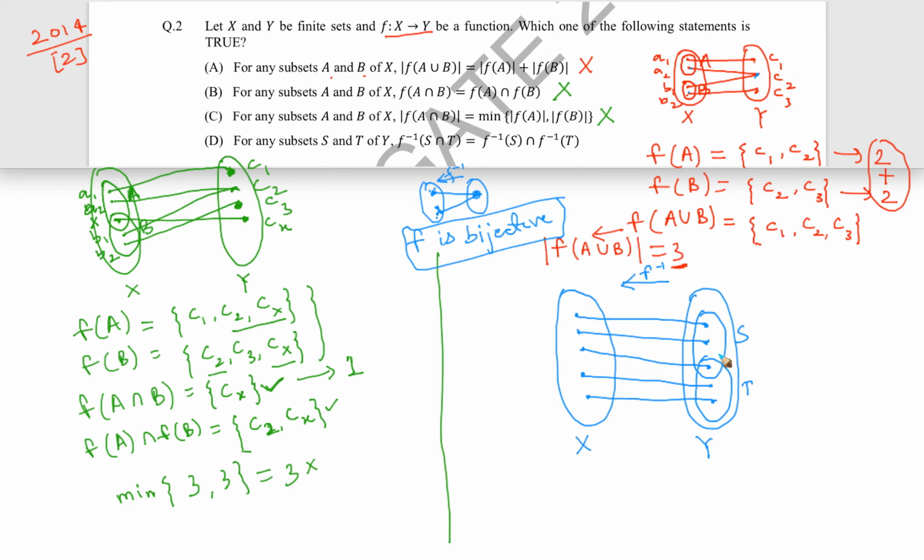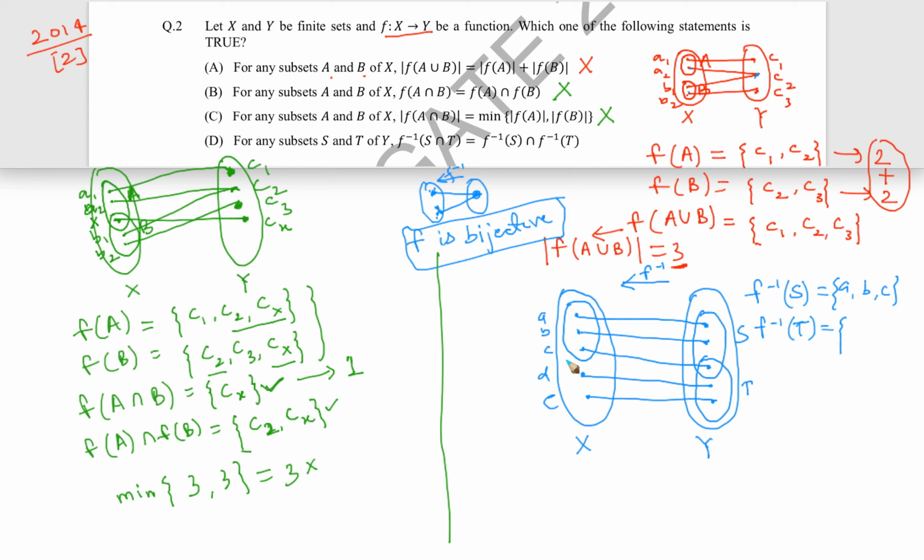And now we see that f inverse of S is basically this set. So if we say a, b, c, d, e, then f inverse of S is basically what? A, b and c. Okay, and in that same setting, what can we say about f inverse of T?